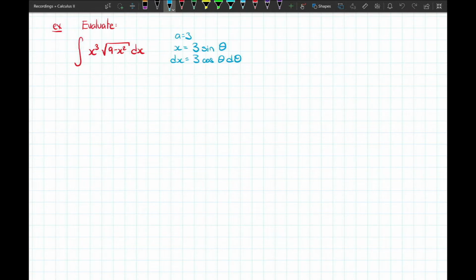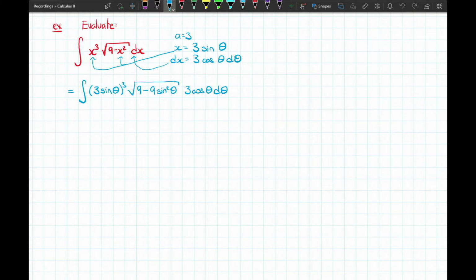Our change of variables then, we're going to have to substitute x into x cubed and the square root. And we're going to have to also substitute dx into our integral as well. What is that going to leave us with? x cubed will be 3 sine theta, all cubed, and inside the root, 9 minus 9 sine squared theta. dx gets replaced with 3 cosine theta d theta.